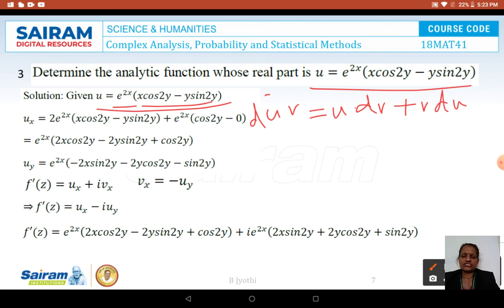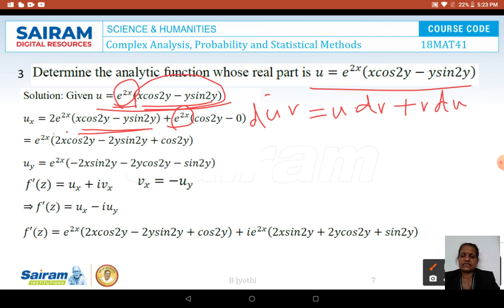When I differentiate e to the power of 2x, it will be 2 into e power 2x, and within the bracket whatever the function is there is written as it is. Next, e to the power of 2x is kept as it is, and we differentiate the bracket term.